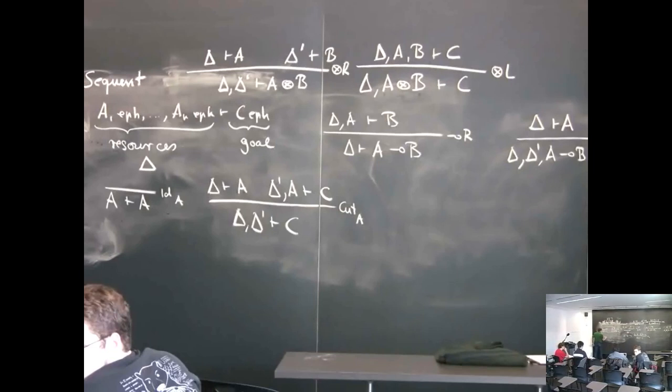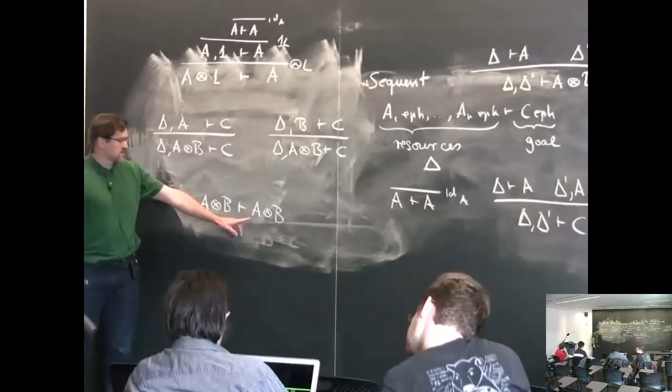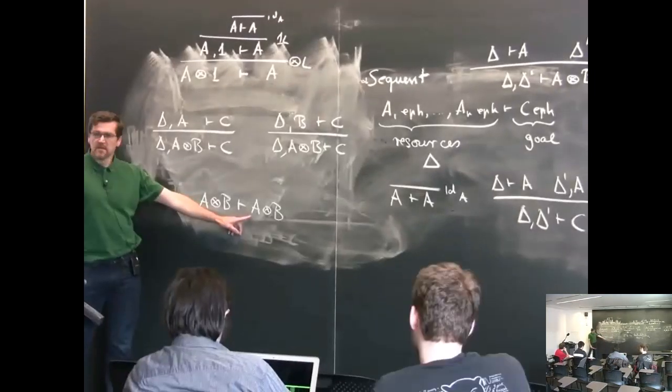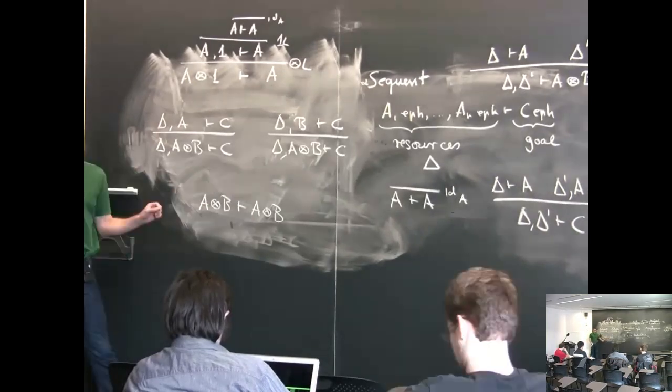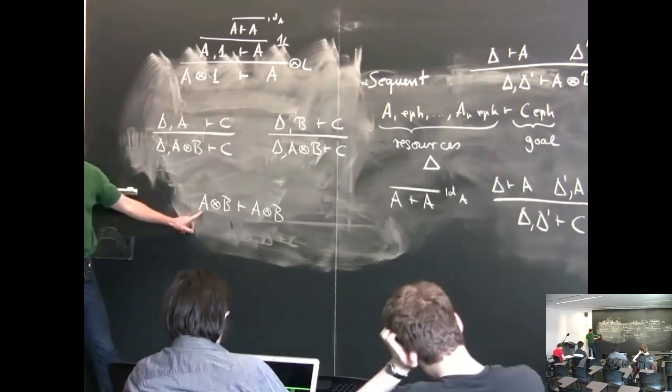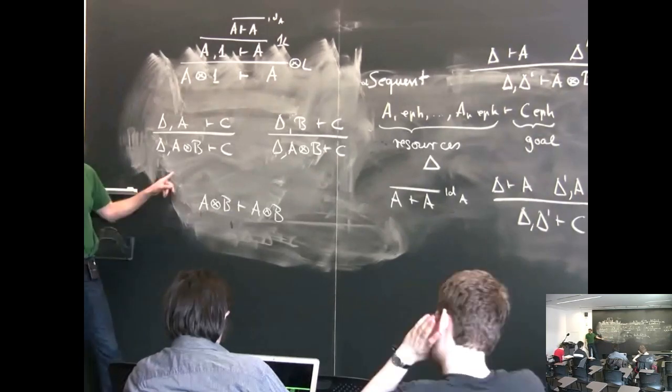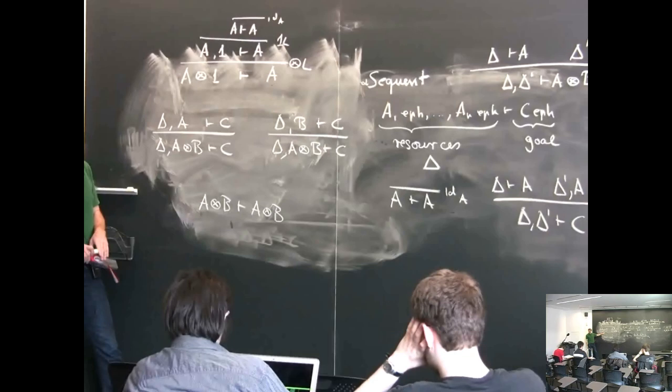So we have A tensor B, and we're trying to prove A tensor B. Okay. So can we apply the tensor right rule on this? Well, the tensor right rule would require us to split our resources. Okay. So we only have one resource, which is a tensor. So we have to put it either to the left or to the right.